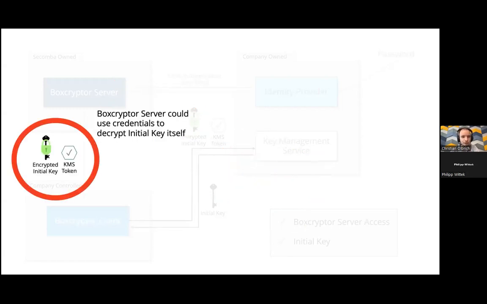because the credentials, the KMS token used to decrypt the initial key, is also known in this model for the Boxcryptor server itself. So nothing is keeping the Boxcryptor server from issuing that request to the key management service directly and simply decrypting the keychain itself.